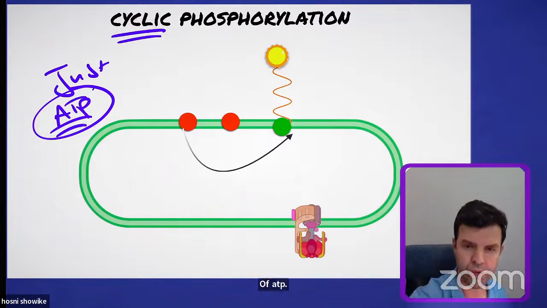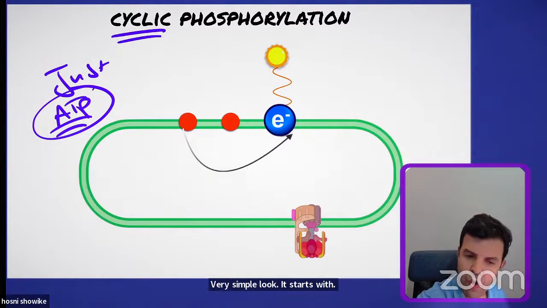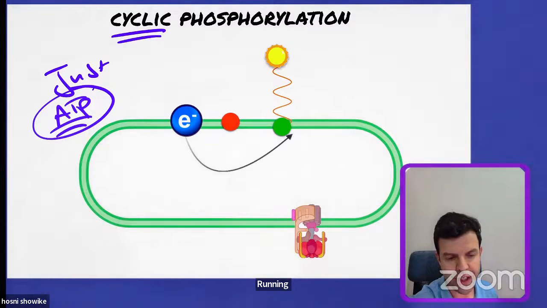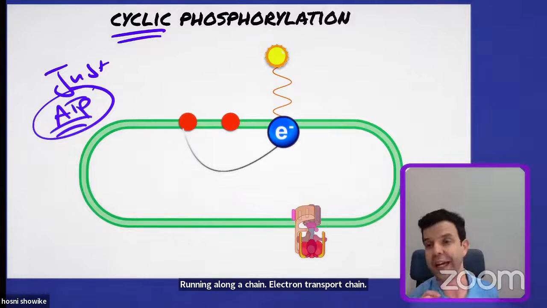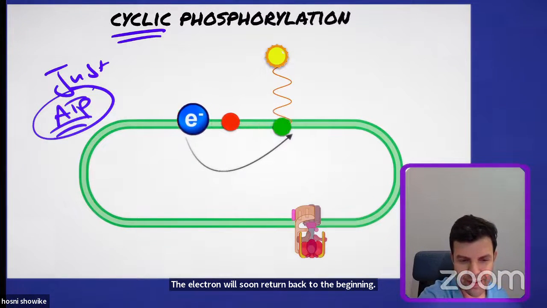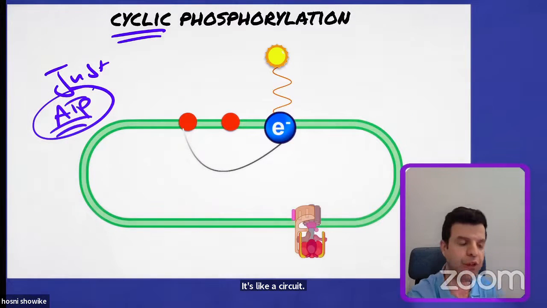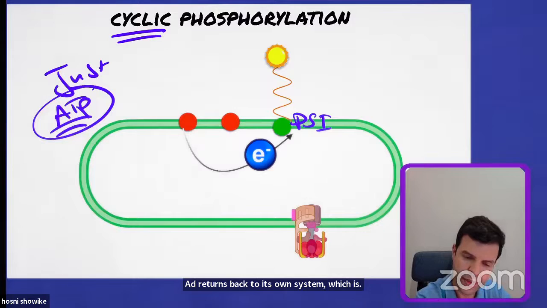Look, very simple. It starts with an electron running along a chain, electron transport chain. The electron will soon return back to the beginning. It's like a circuit. Goes like this and returns back to its own photosystem, which is photosystem 1 only here, right?